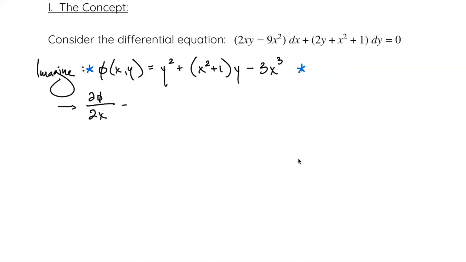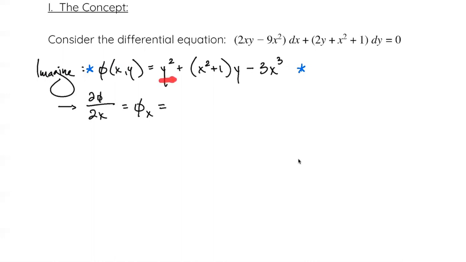That would indicate that you're going to take the phi function and take a partial derivative with respect to x. That little x there means the same thing as partial phi, partial x. And so if we approach this phi function pretending that y's are all constants and x's are the only variables, let's take a derivative.